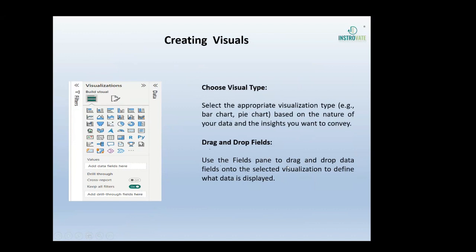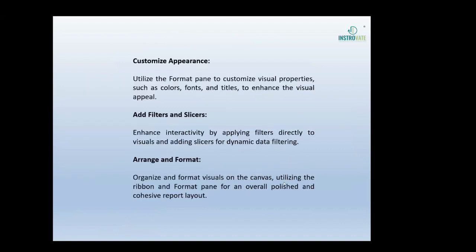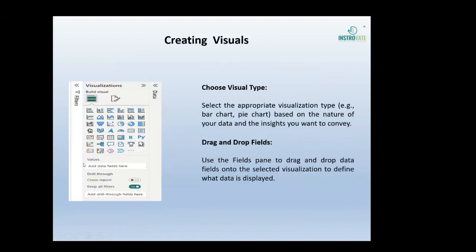And after that you need to drag and drop the fields, so you can use the field pane to drag and drop the data field onto the selected visualization to define what data is displayed. Okay. Customize appearance, you can simply format the pane. So here is the format option, so when you click on that you can simply format the visualization you have selected. Okay. Like you can change the background, you can simply change the colors of columns.